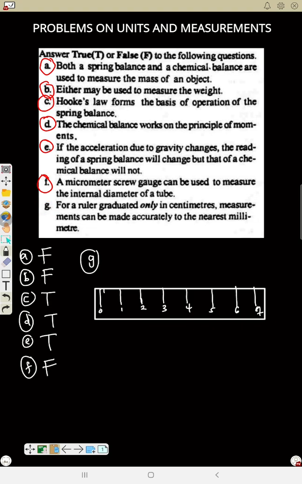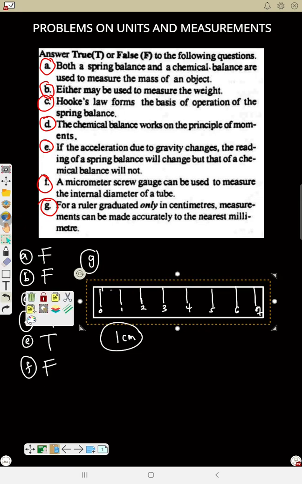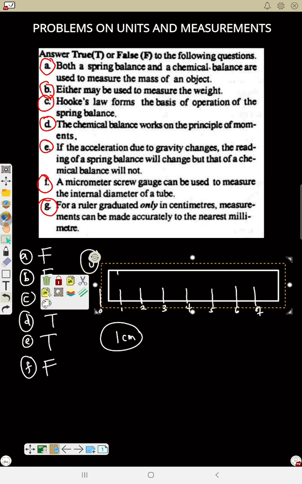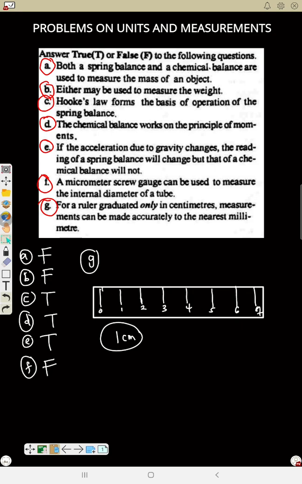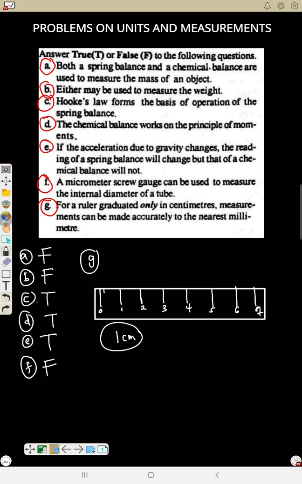So that means the ruler is graduated in centimeter, so it can measure accurately to 1 centimeter. Because the smallest graduation here will be 1 centimeter, and there is no calibration, there is no way we can measure with a certain decimal point.